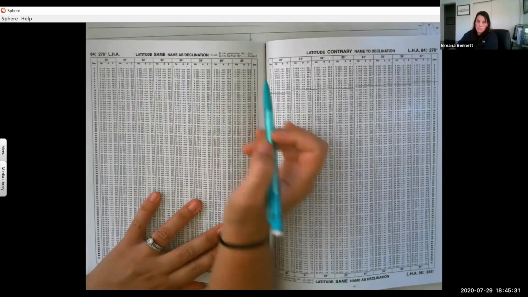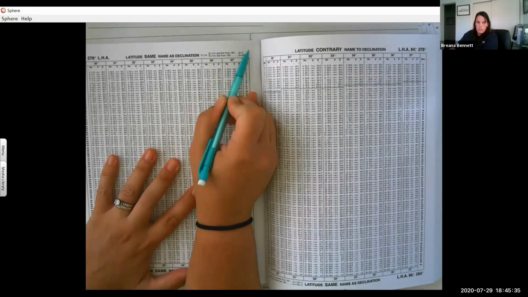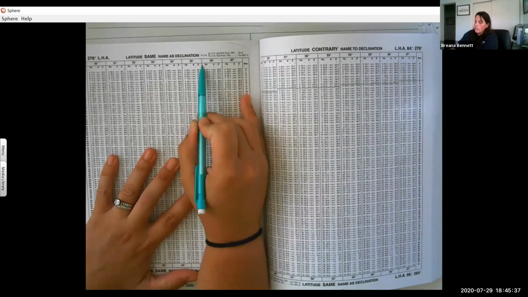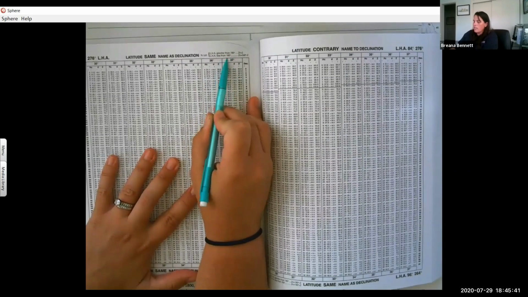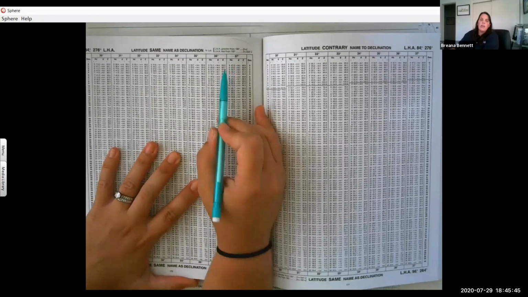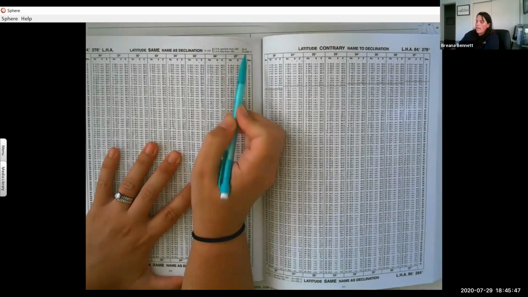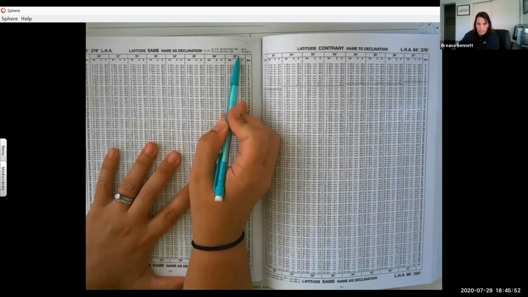Just as a familiarization here, these little rules, we have north latitude, LHA greater than, LHA less than, Z equals something or something. That is how we convert our Z to our ZN. That tells us what our ZN is equal to.